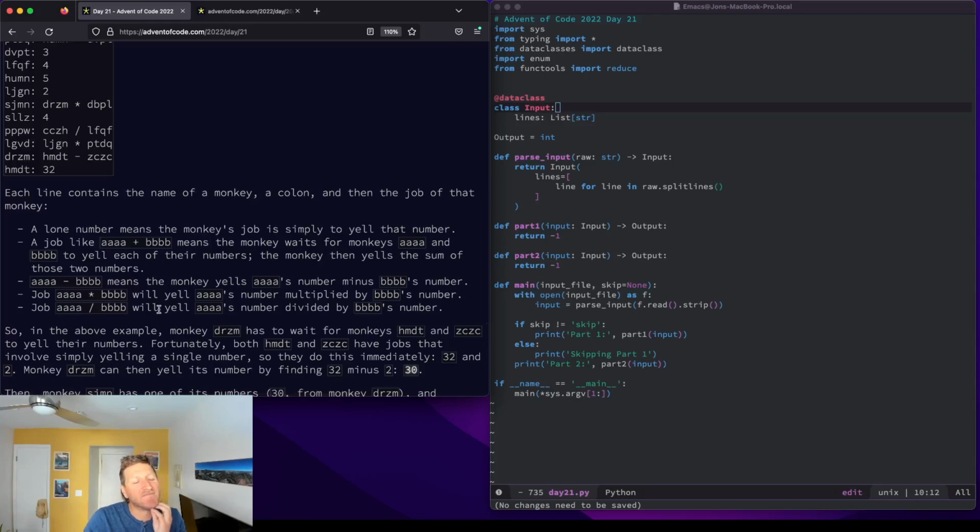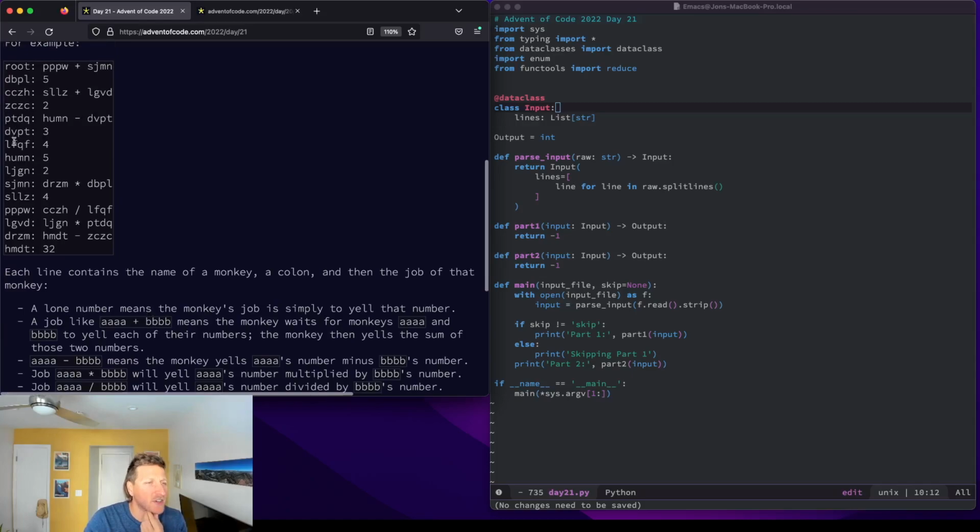This is like a directed acyclic graph, right? So you can start with root, and root points to PP and SJ, and then PP points to CC and LF, and CC points to SL and LG, and SL is like just a node.